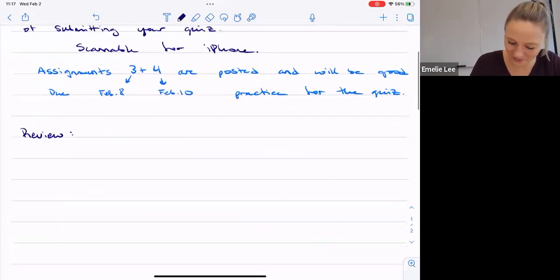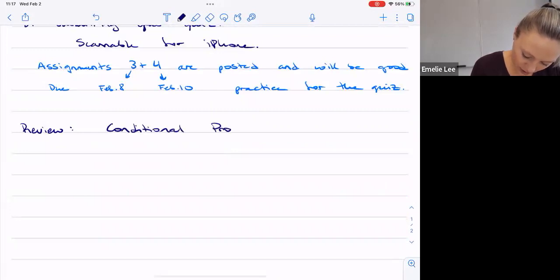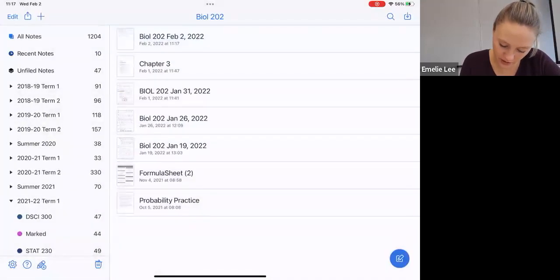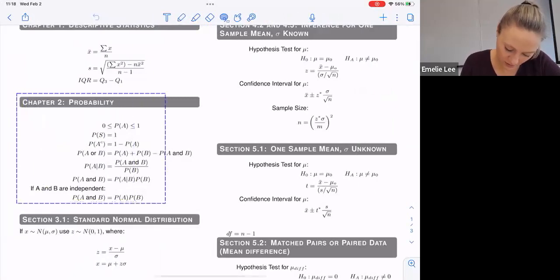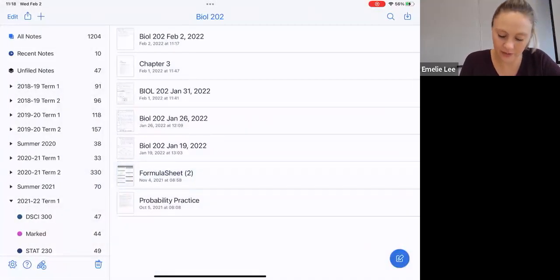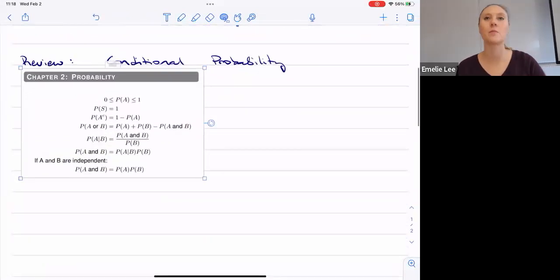So for conditional probability, which we started, we introduced the formula sheet as well. It's not the formula sheet, it's a formula sheet that I use for a different course that covers the same material, except we go a little bit deeper later on.